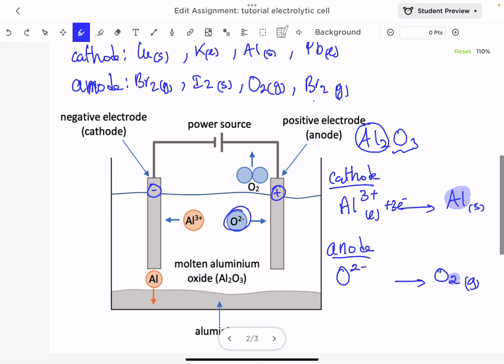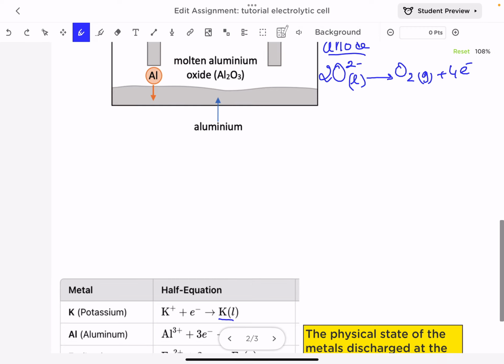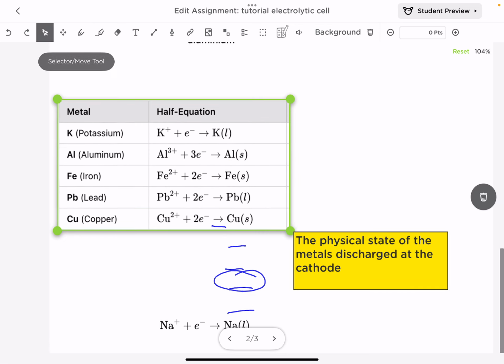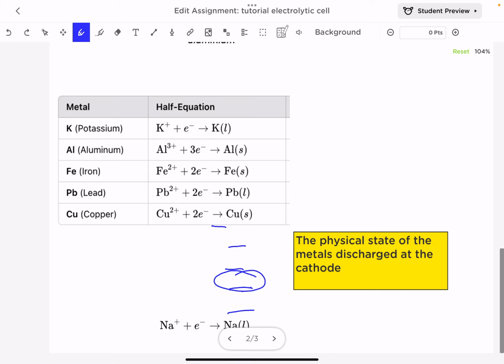Now we need to balance this. Since here I have 2 oxygen, so 2 O2-, and plus 4 electrons on the other side. Oxygen gas and 4 electrons for balancing. And that's it for the electrolysis of molten ionic compounds.